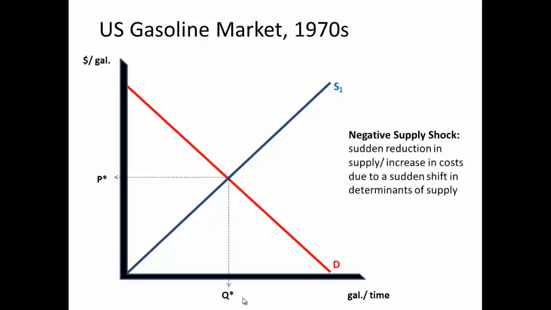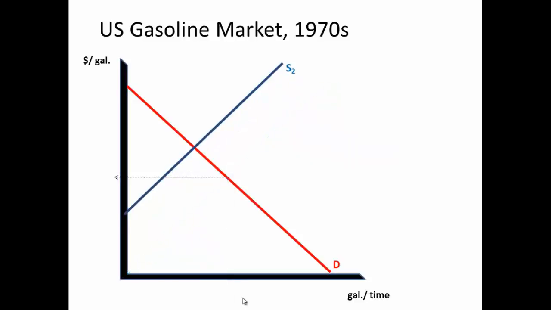Specifically, there were two big negative supply shocks in the oil market associated first with the OPEC supply restrictions in 1973-1974 and the Iranian crisis of 1979-1980. What happened?